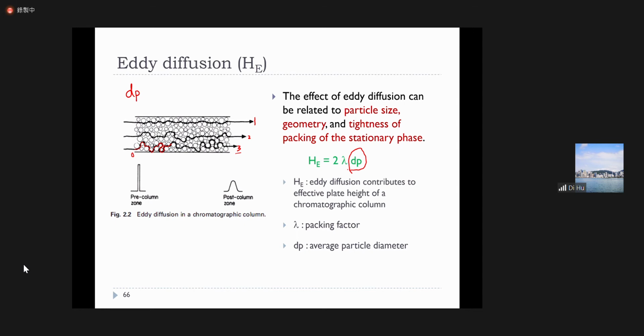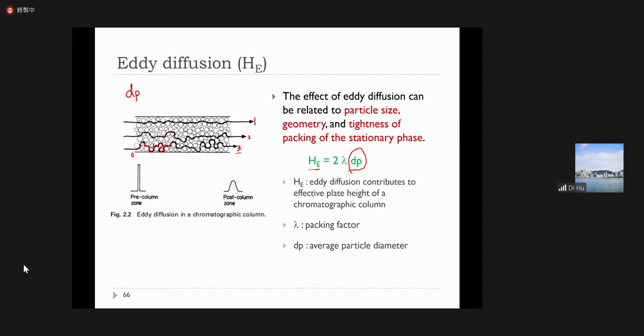That's easy to think about, because the smaller the particle, the more tightly it can be packed, right? Because the bigger the particle, the more space between them, so it's not easy to pack them so tightly. So the smaller the particle, the less contribution of this eddy diffusion to H, right? And lambda is the packing factor. We want the particles to be uniformly packed.